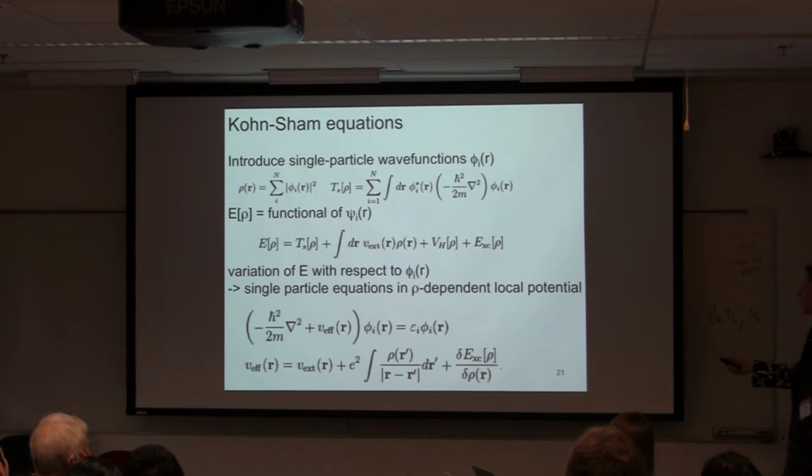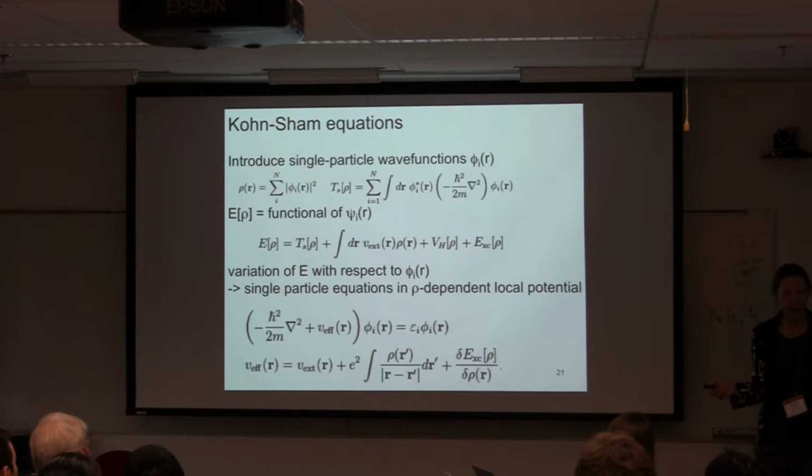So this is still formally exact, and when I do the variation with respect to these orbitals, I get something that looks like single particle equations in a density dependent local potential, and I get these eigenvalues epsilon_i. For those of you who know Hartree-Fock, this is very similar in flavor.